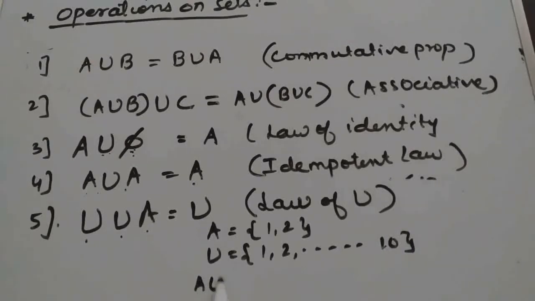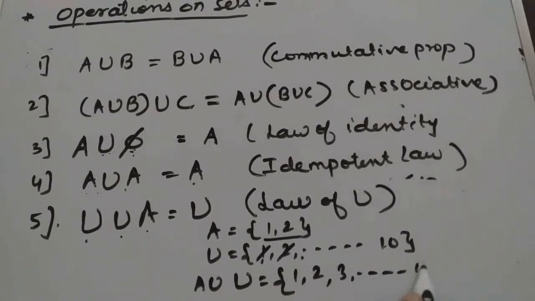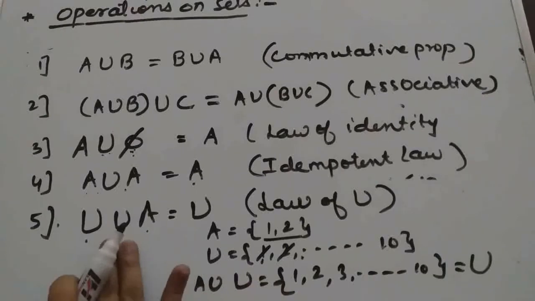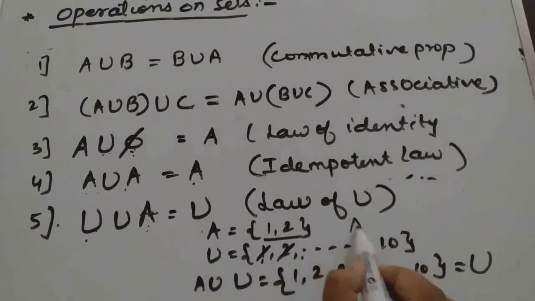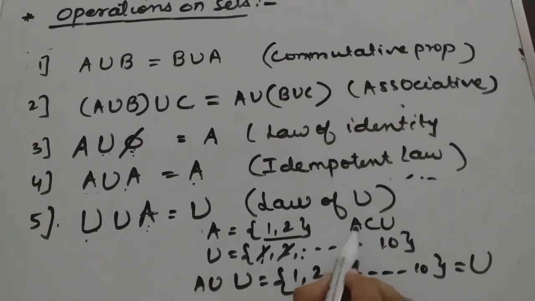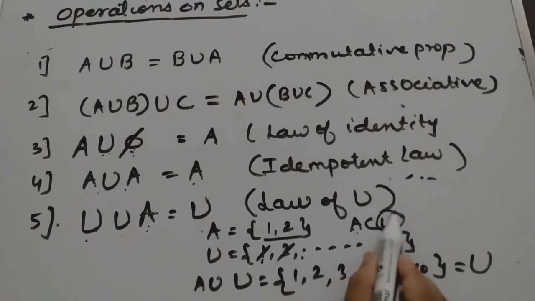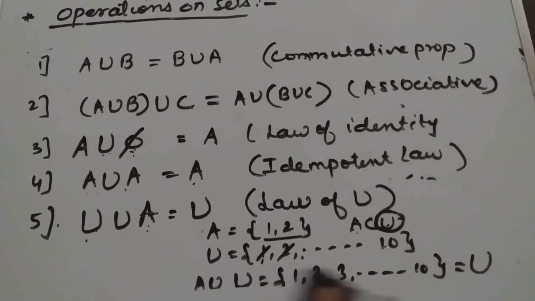So A ∪ U: write the first set's elements, then while writing the elements of U, you won't write 1 and 2 because you already wrote them. So we start with 3 to 10, isn't it? So this is nothing but U. So always remember, when you take the union of two sets such that one is a subset of the other, you get the bigger set as the answer. Here A is a subset of U, so the superset will be the answer. This you should remember.